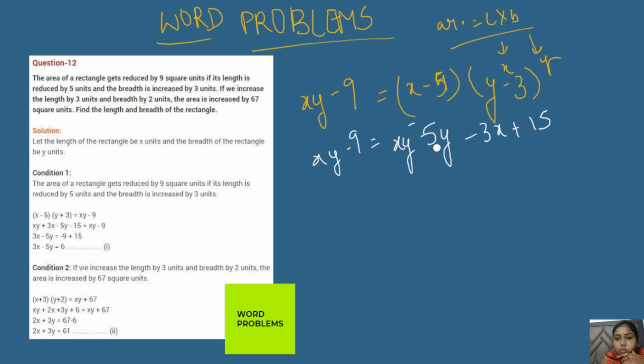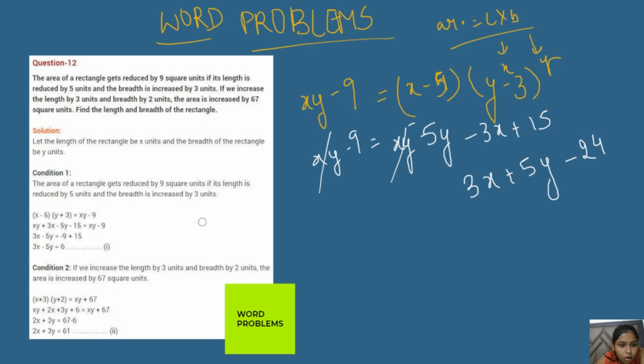Oh, I'm sorry. This will be like xy minus 9 and this is plus 15. So it is like 3x minus 5y will be equals to 15 plus 9, I guess. I think there is some problem with this particular question or with this particular solution. So you will be getting this.